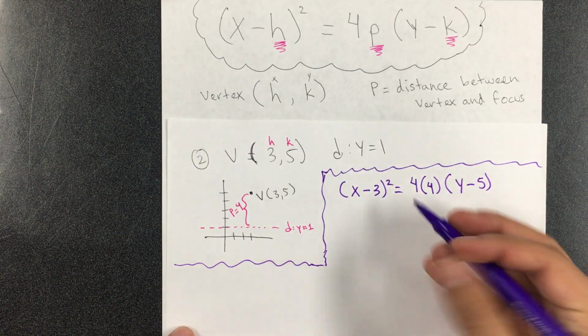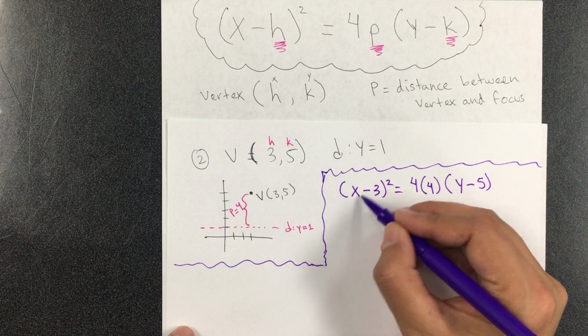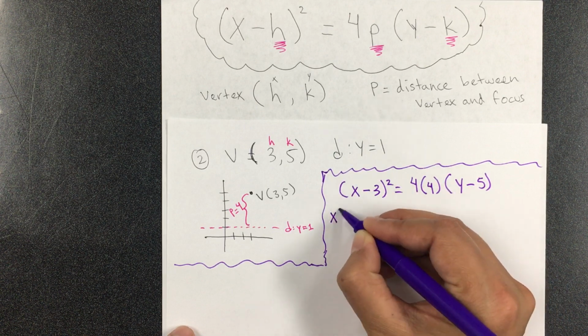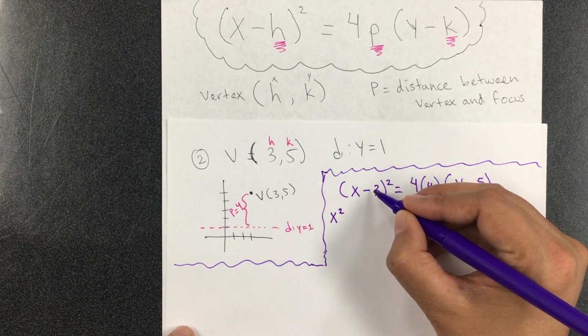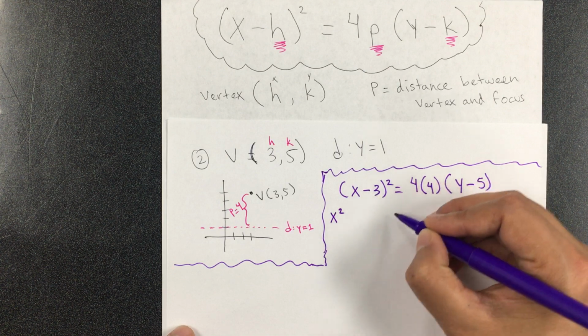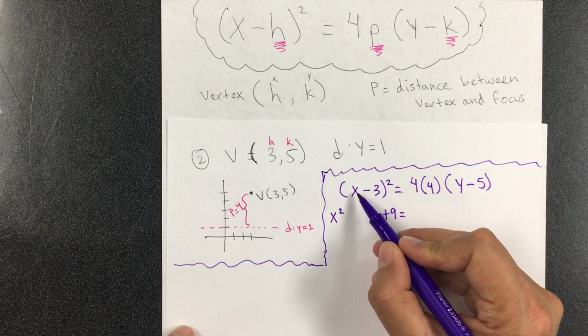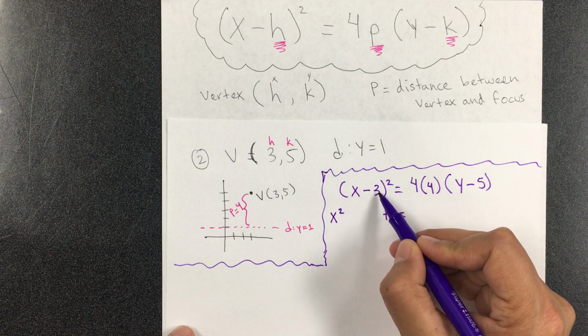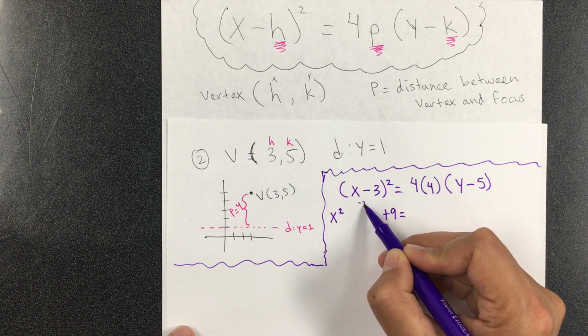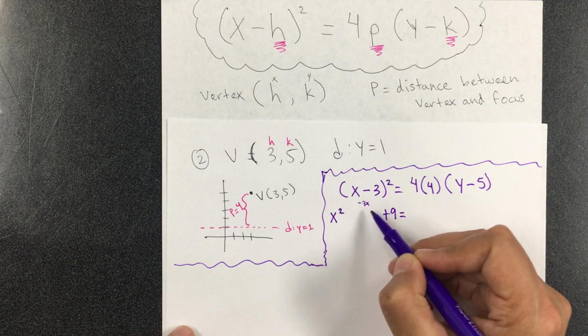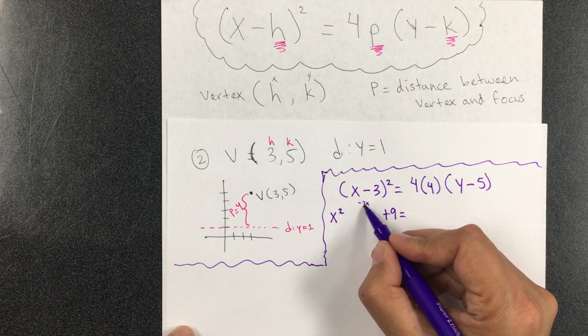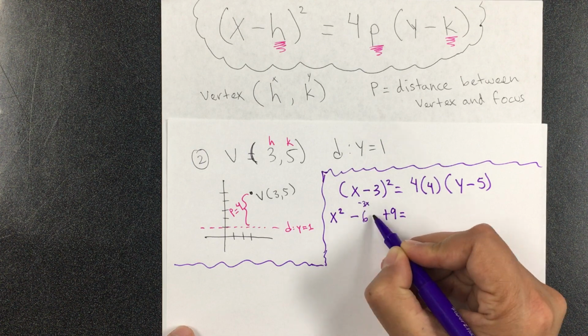Okay, so this double distributive property, I'm just going to do: this square will be x squared, because x times x is x squared. Negative 3 times negative 3 is positive 9. And then in here I just multiply x times negative 3 is negative 3x, but double that, meaning multiply it by 2, is negative 6x.